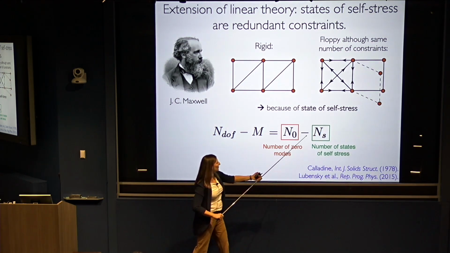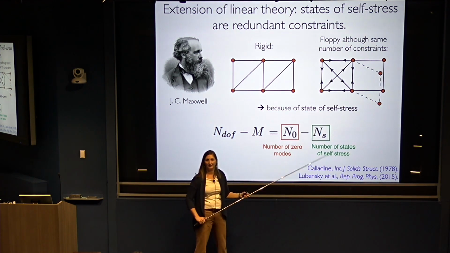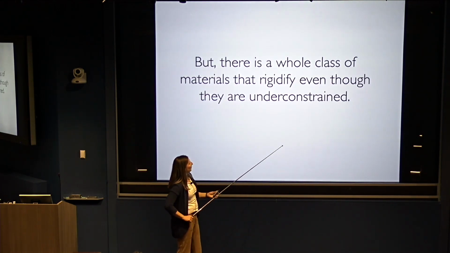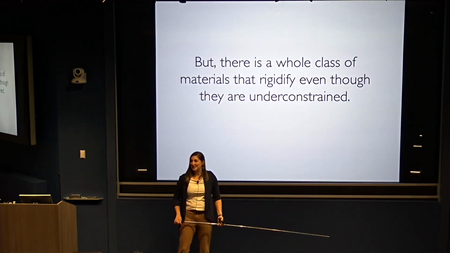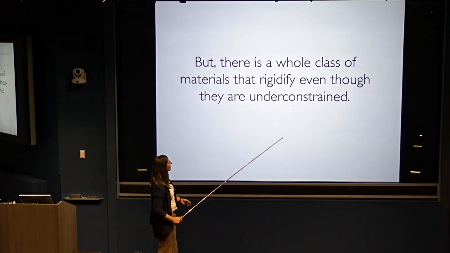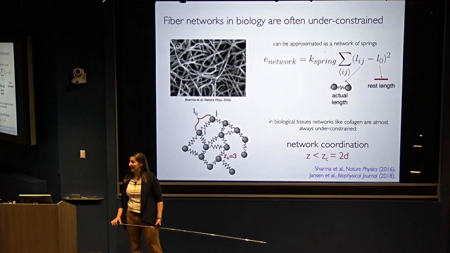But now I'm saying, well, actually, you have to count the number of states of self-stress, too, in case you did something dumb like that. Okay? So now we've done constraint counting again. Okay, but it turns out that this is still wrong. This is still wrong for a large class of materials, and I'm going to tell you why. But first, I'm going to give you the examples, because I think the examples are very interesting.